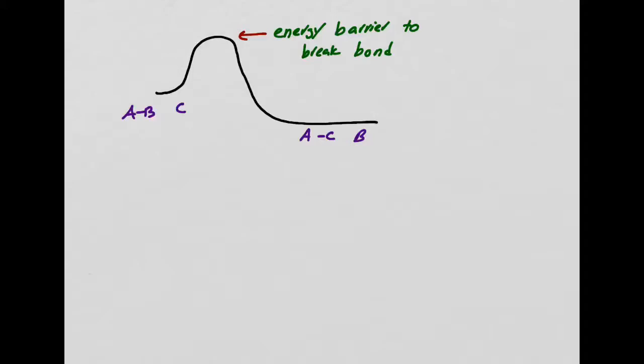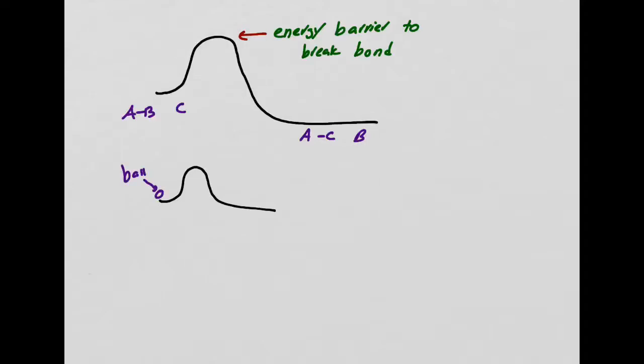Now, what this means is that there's an energy barrier. You need this much energy to be able to break the bond. This is a barrier to be able to break the bond. Now, I want to give you a non-chemistry example to make more sense. Let's say I have a ball right here.